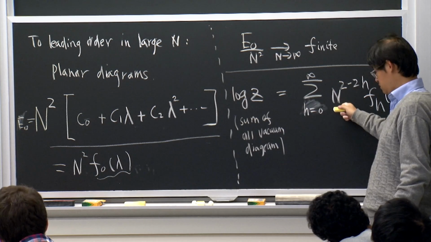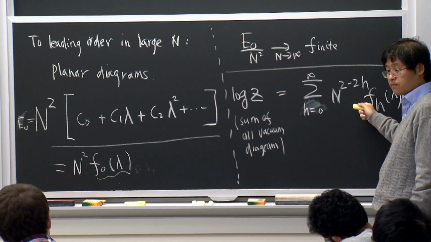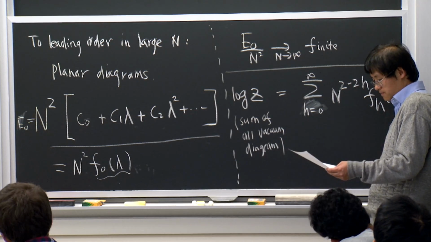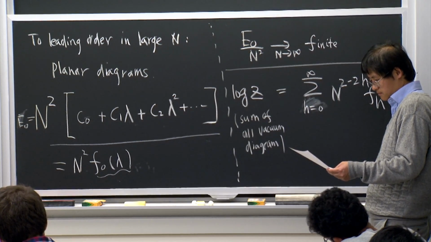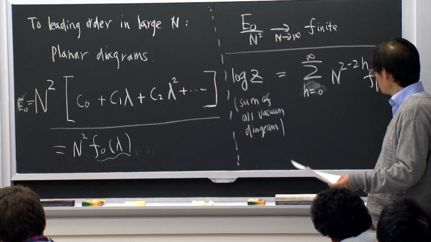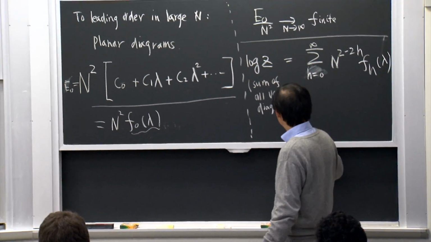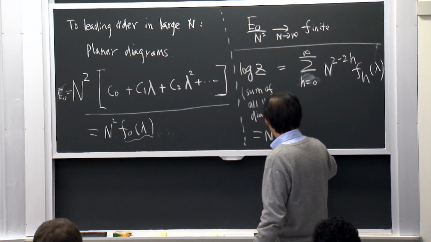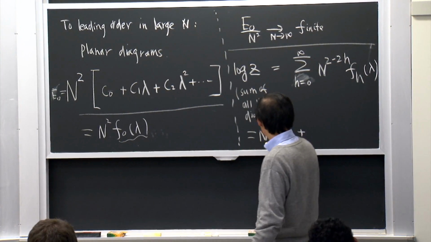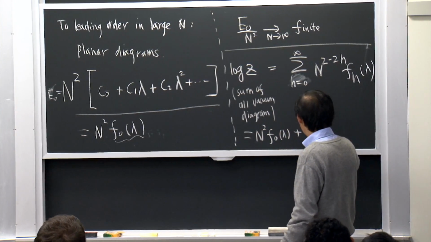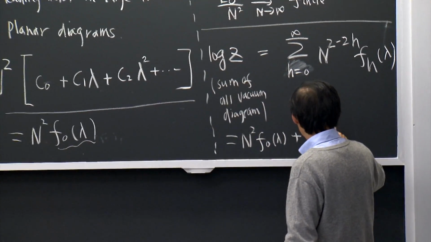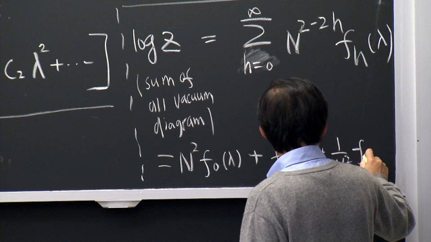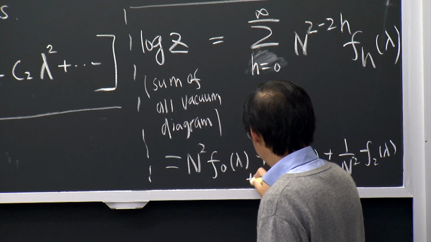So at each genus level, you will have some function of lambda. The leading order we just drew is f0. Then at the torus level, the non-planar diagram is order 1. And then for genus two it is f1 over n squared, etc.